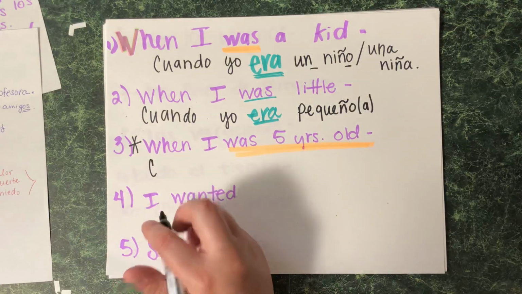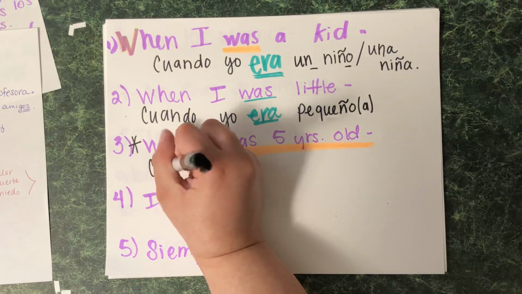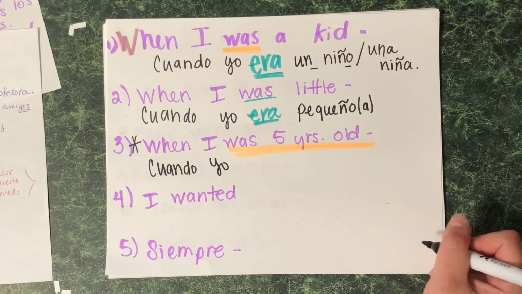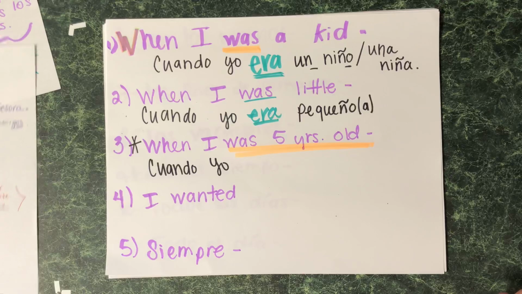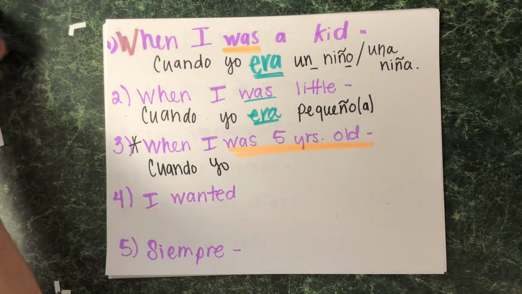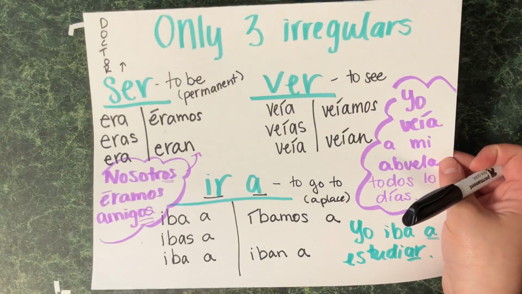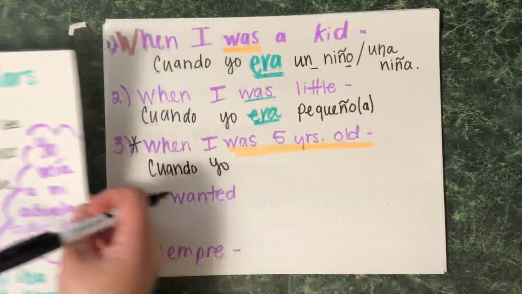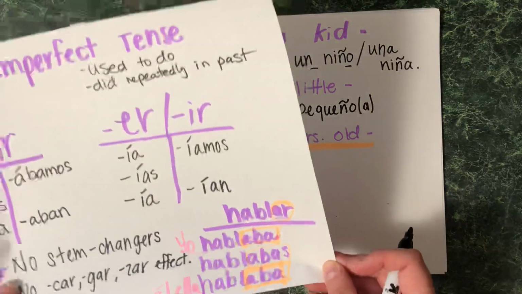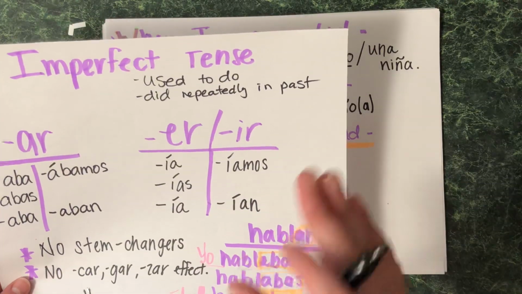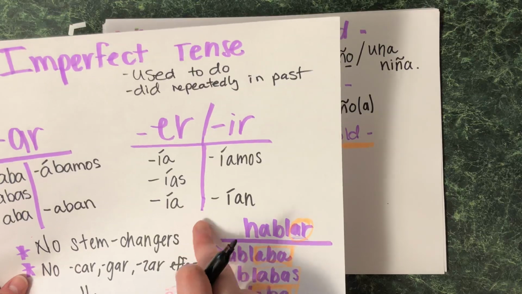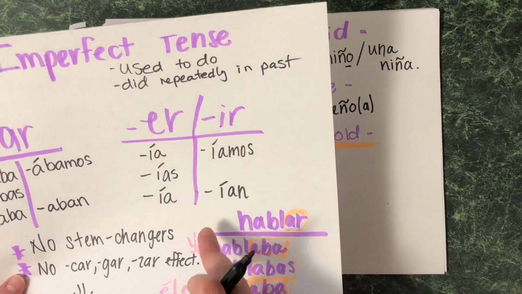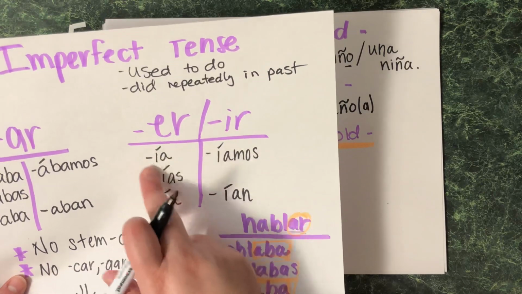So to start the phrase, when I was 5 years old. Cuando, no accent. Yo, and then we have the verb tener. Tener is not part of the 3 irregular verbs, guys. It's not ser, ver or ir. So that means that with the verb tener, you only have to take the ending off and put the new one. We're going to use this set of endings. So when I was 5 years old, we're going to use this conjugation right here.